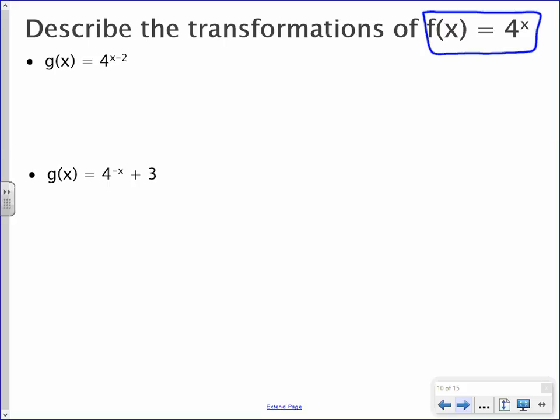Then I want you to take about a minute to a minute and a half and decide within your pod what the transformations are from parent function to each of those. 1, 2, 3, go.